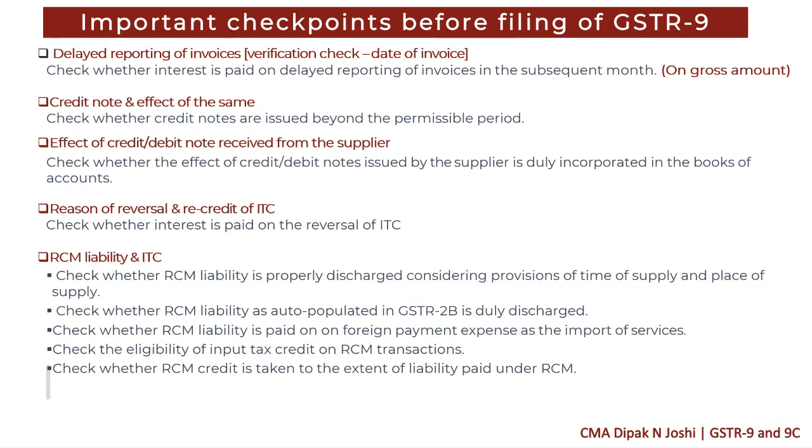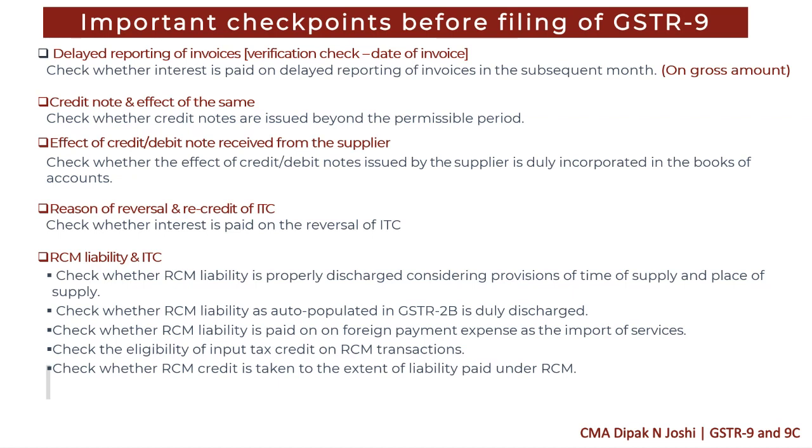So one can raise credit note practically till filing return for the month of October or filing of annual return, whichever is earlier. So you can say that for financial year 2022-23, one can issue and report any credit note in the return of October 2023 at maximum.